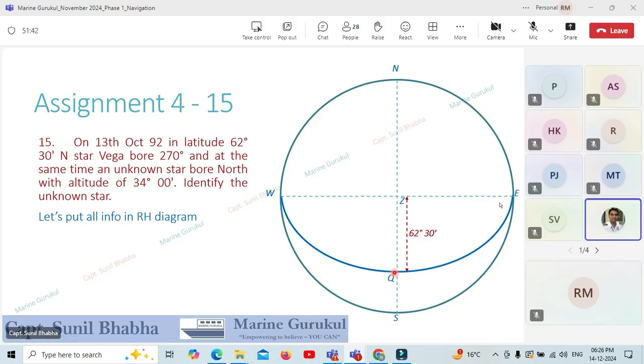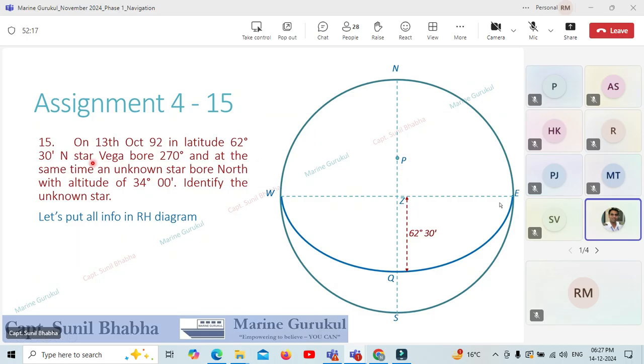In this case the observer is in the north hemisphere, so we will have the north celestial pole as our elevated pole or visible pole, and the pole is 90 degrees away from the equinoctial or the Q point. So from the Q point I go 90 degrees away, and this is the point where I have the pole. Let's represent this point as P. We have the pole in the diagram now.